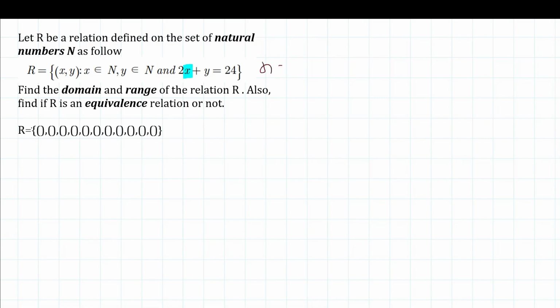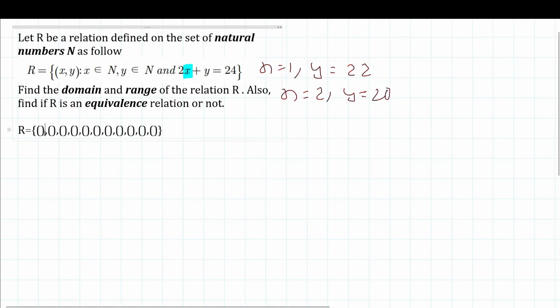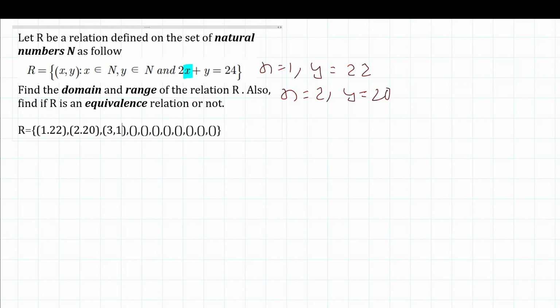If I replace x with 1, we get y as 22. Placing x as 2, we get y as 20. So let's write down the relation here in ordered form. It's (1, 22), replacing x with 2, y comes out to be 20.